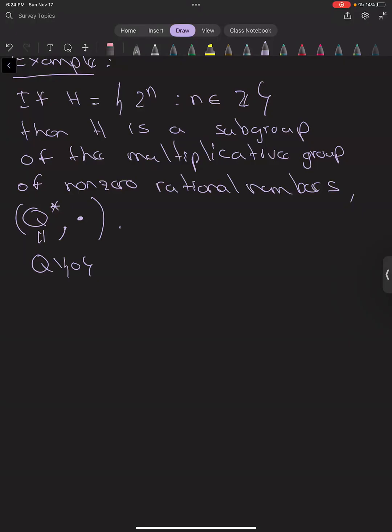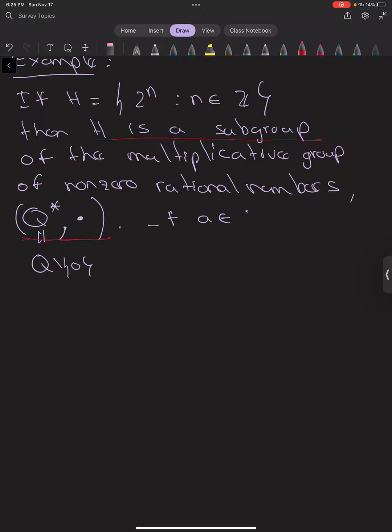So we're claiming H is a subgroup of the multiplicative group of non-zero rational numbers. So we're gonna show that H is a subgroup of this.